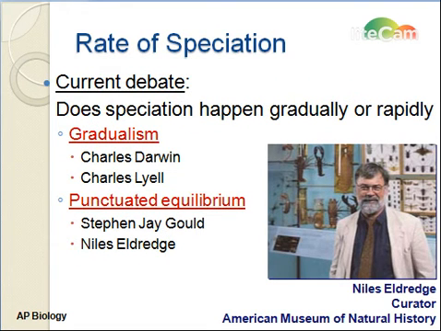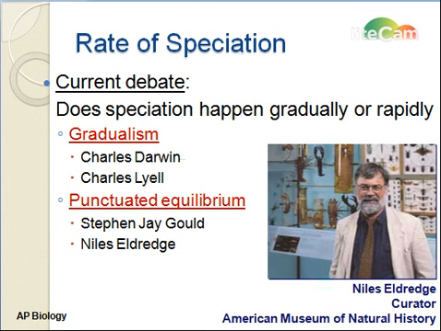One of the questions that comes up is, does speciation happen gradually or quickly? And how long does it take? There are different ideas: the idea of gradualism or the idea of punctuated equilibrium. And there are people in favor of each of the two different models.